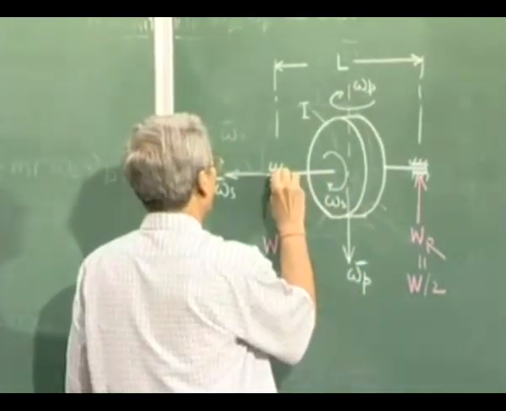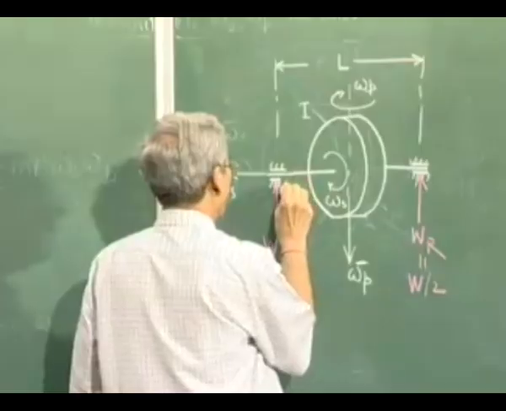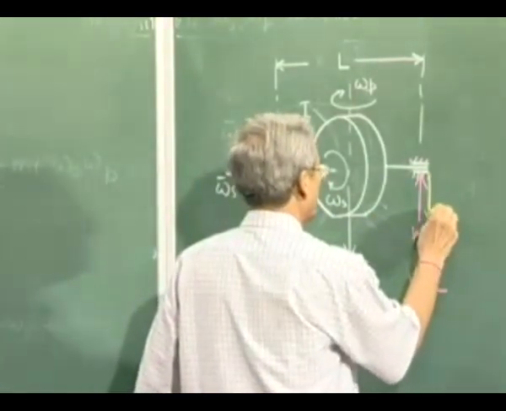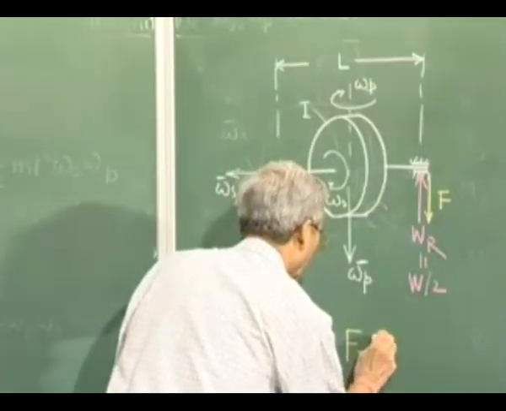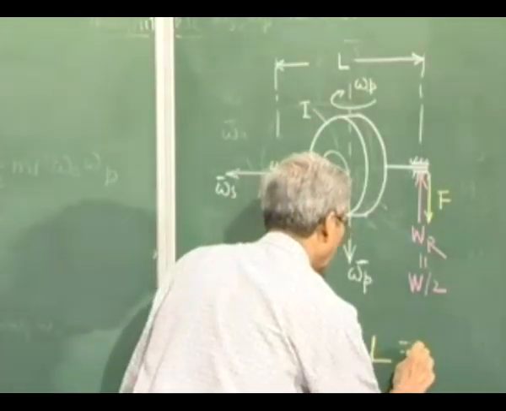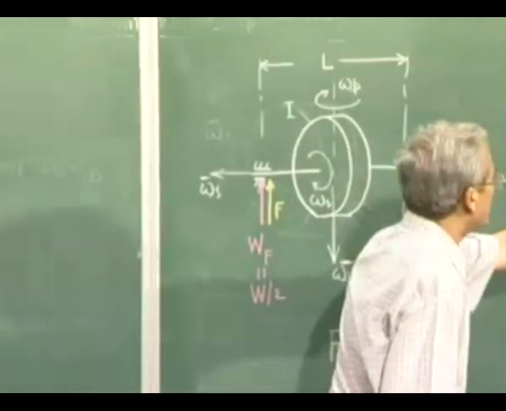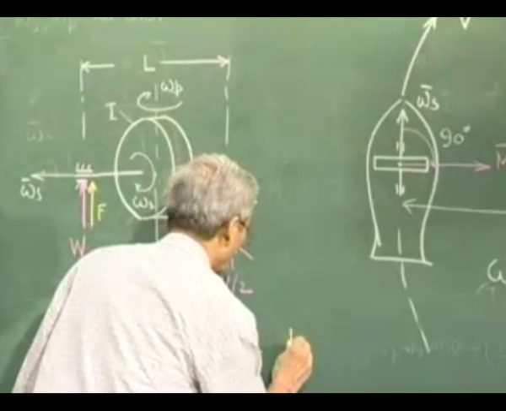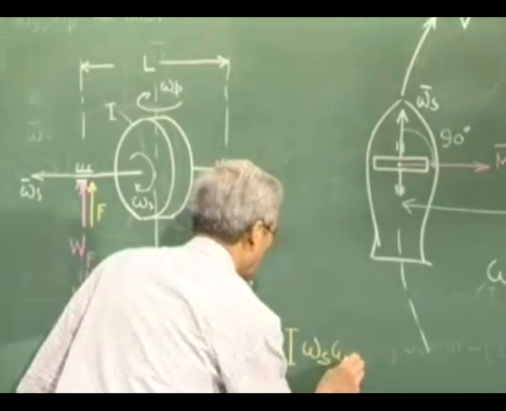Therefore a force has to act here and an equal and opposite force has to act here in such a way that the moment of this force, which is F into L, is equal to M. And the magnitude of this moment we also know from our analysis: it is the moment of inertia of this rotor, I into omega s into omega p.